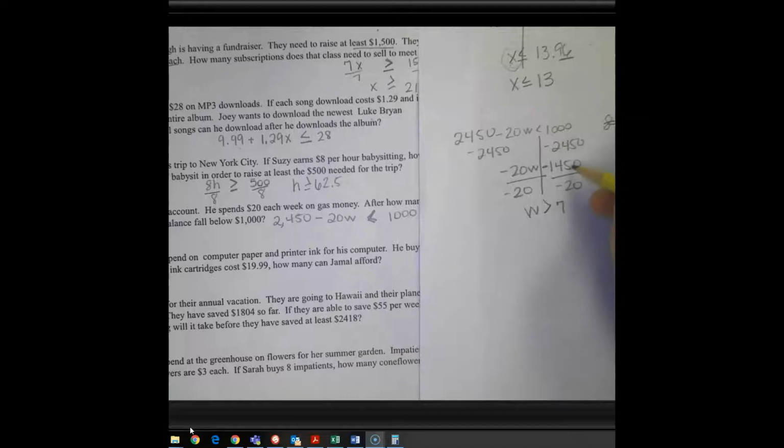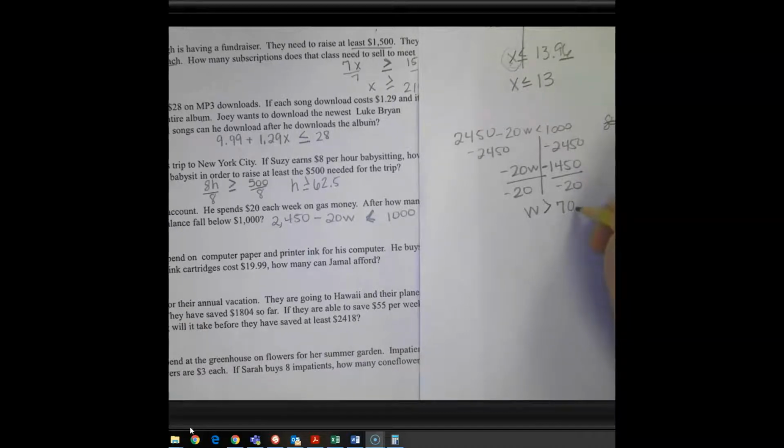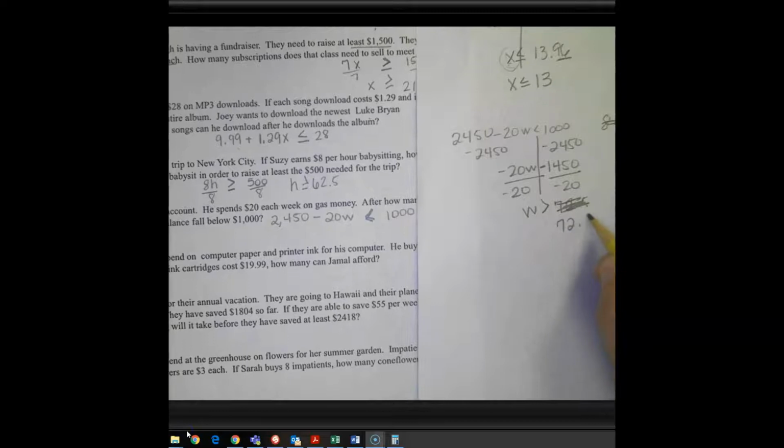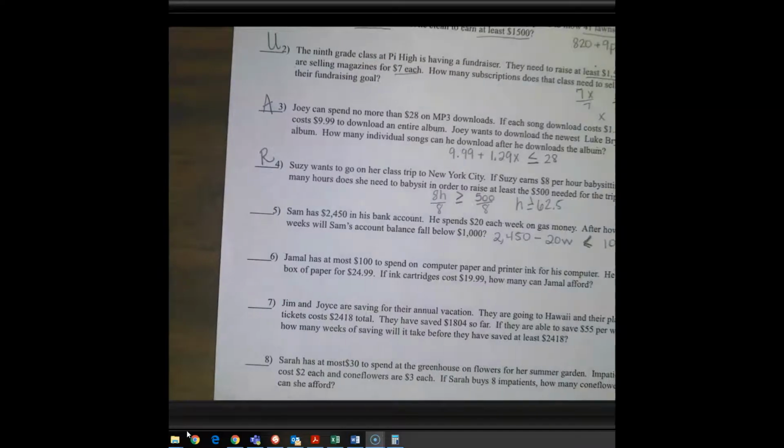I'm going to get a calculator. Alright, so I got 72.5, which matches my letter T in my answers down here at the bottom.